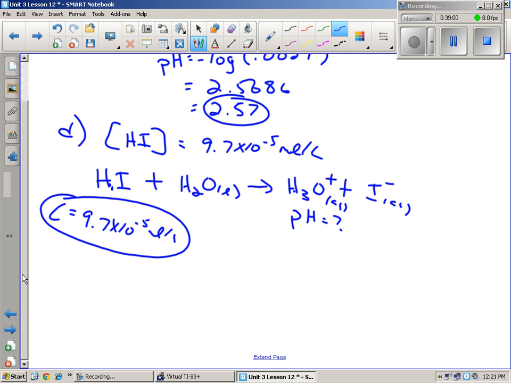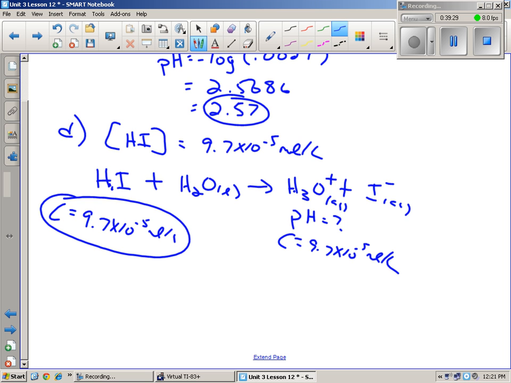Well, you could pick any volume you want. You could pick 100 milliliters, a liter, 2 liters, 4 liters, because whatever this volume is going to be, this volume and this volume are the same. So if the concentration is 9.7 times 10 to the negative 5 here, it's 9.7 times 10 to the negative 5 here. And if you don't believe me, let's use 1 liter.